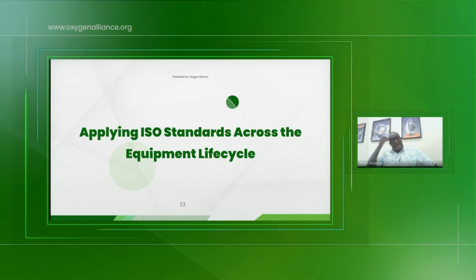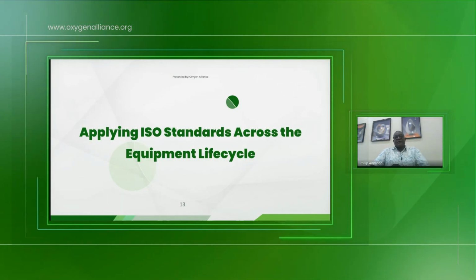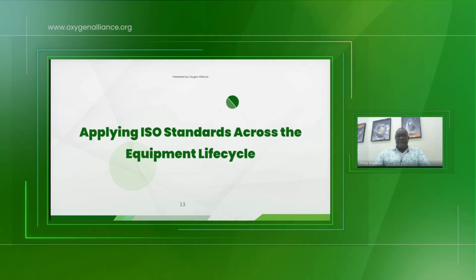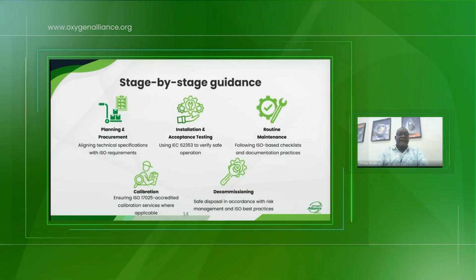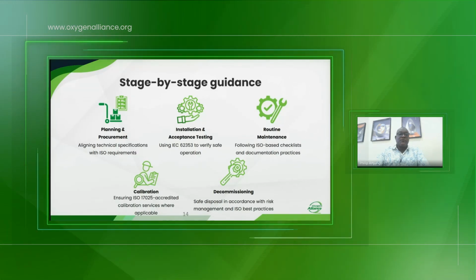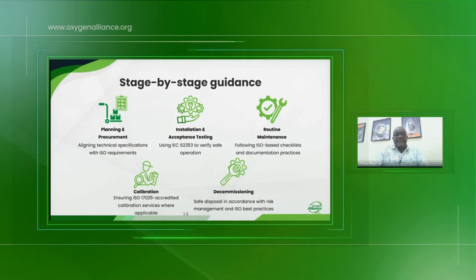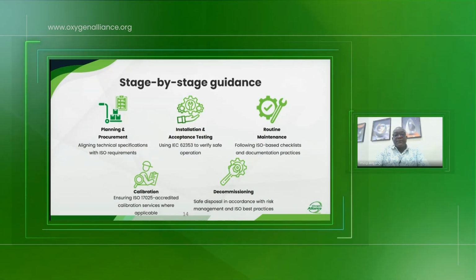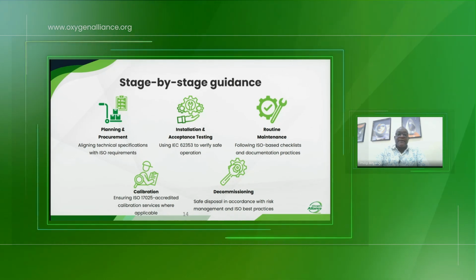How do these ISOs apply across the medical equipment life? When we are planning for procurement, we align technical specifications with ISO requirements. During installation and acceptance testing, we use ISO IEC 62353 to verify the operation.